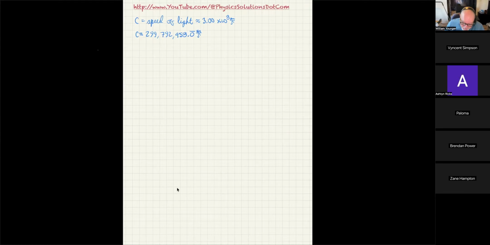So with that in mind, we can now say that 1 meter is the distance light travels, specifically in a vacuum, in 1 over 299,792,458th parts of a second.